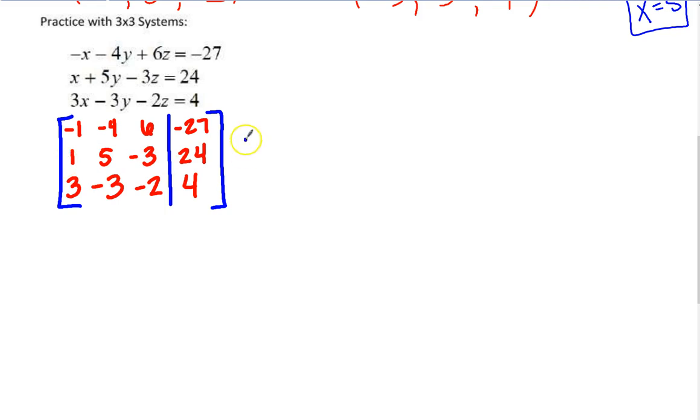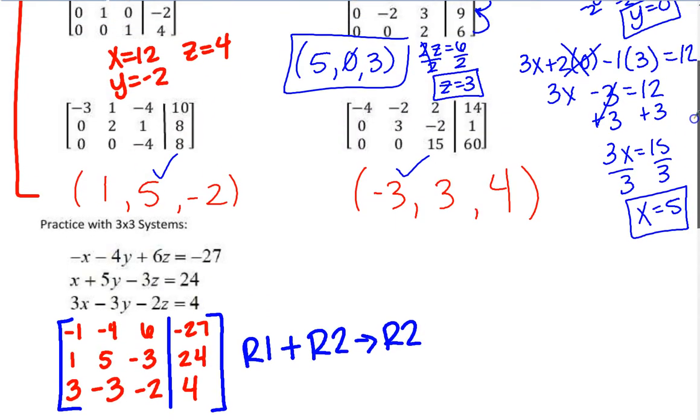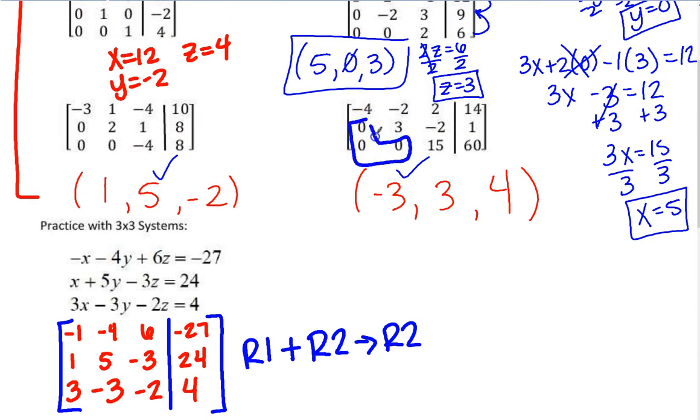How I write that is I'm going to do row 1 added to row 2, and since I want my 0 to be here, I'm going to put it into row 2. The reason we want zeros here is that once I get zeros in these 3 spots, then I can just back substitute and then I'm done.